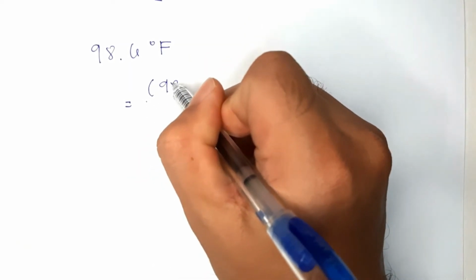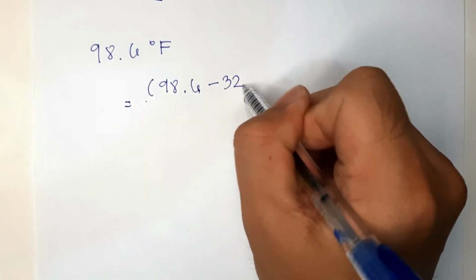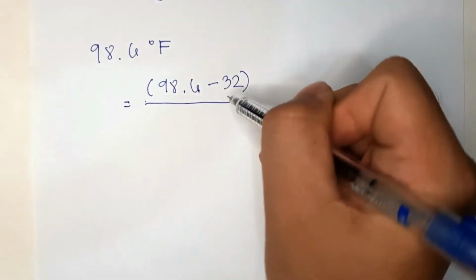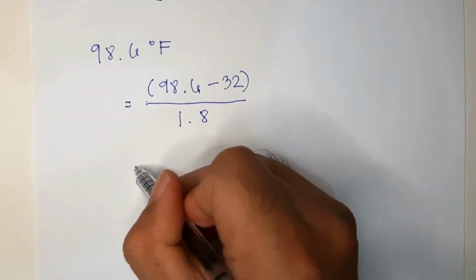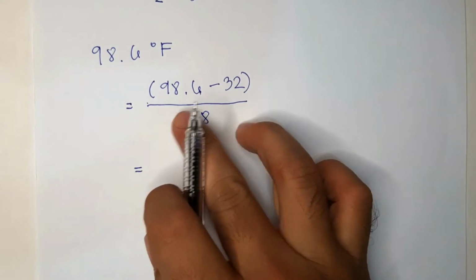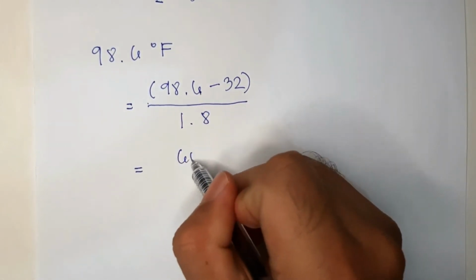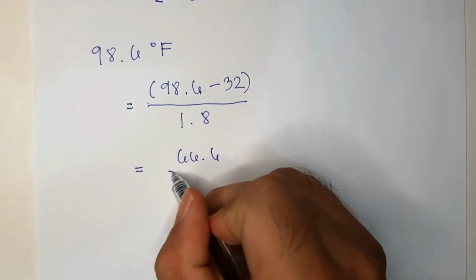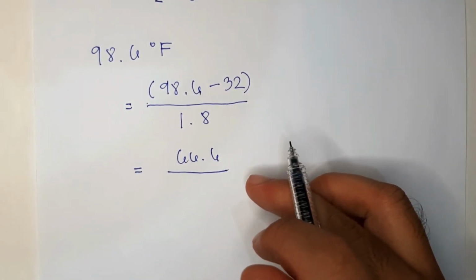So 98.6 minus 32 all over 1.8. 98.6 minus 32 is 66.6. You can use your scientific calculator or any type of calculator.